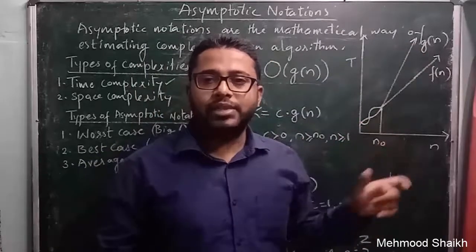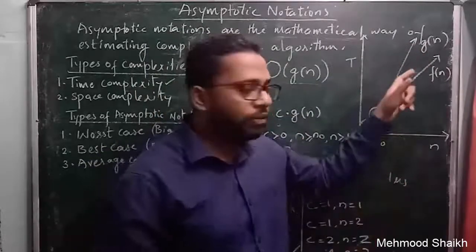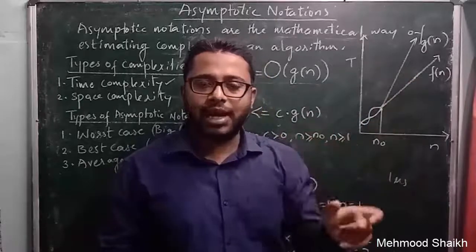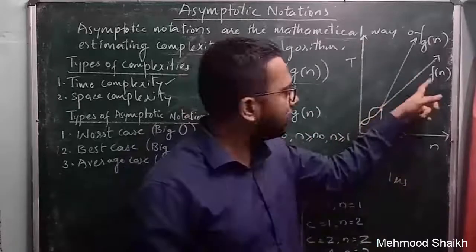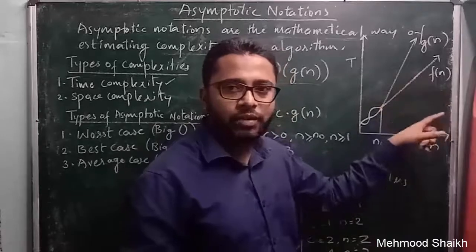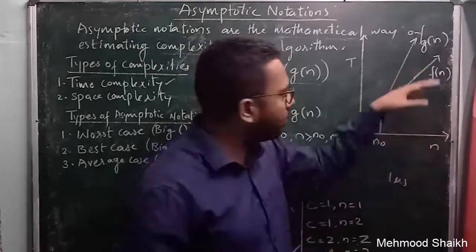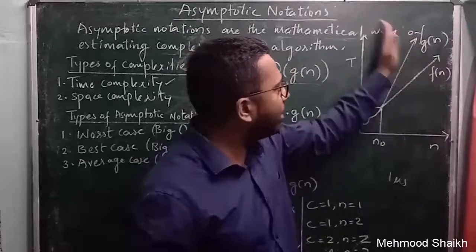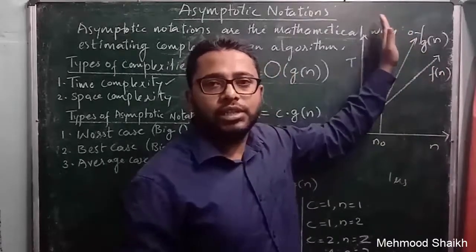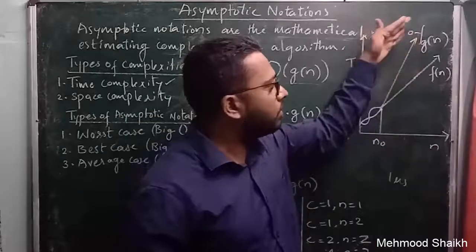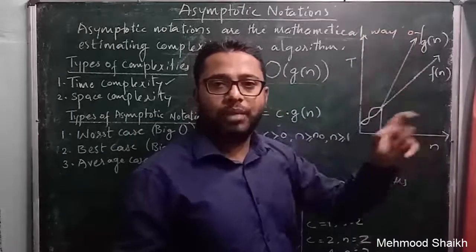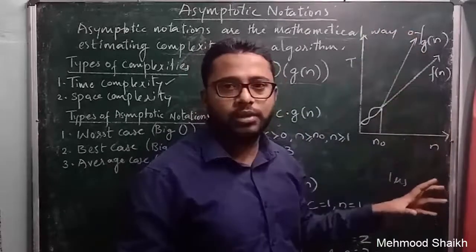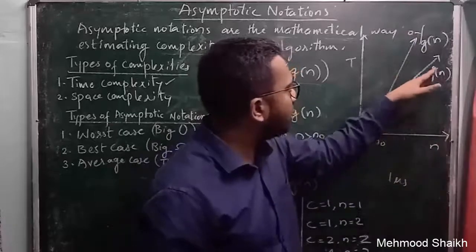When I say upper bound, g of n indicates the maximum time for that algorithm to execute. So if this function has to execute, it has to execute within this upper bound. It cannot exceed g of n, because g of n is the upper bound, or the maximum time for that function to execute. This is what we are representing here.